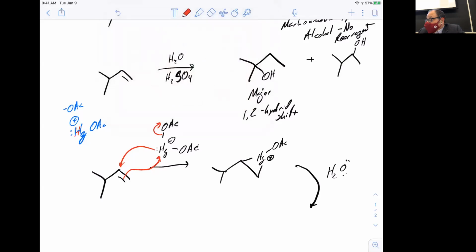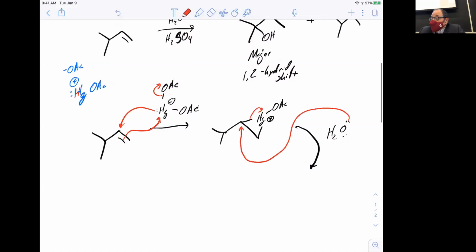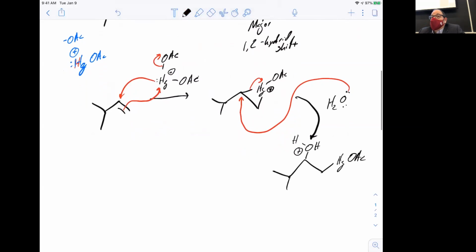So the more electrophilic position is the secondary position. So now we've added our alcohol.